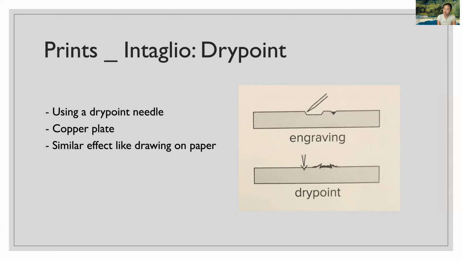As the needle scratches across the plate, it raises a burr or thin ridge of metal. If left in place, the burr will hold ink along with the incised line, producing a soft, slightly blurred line when printed.